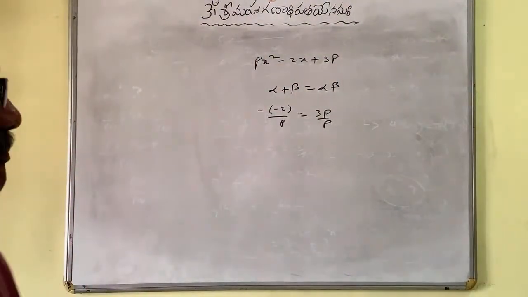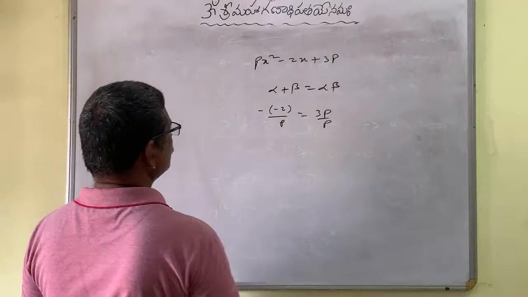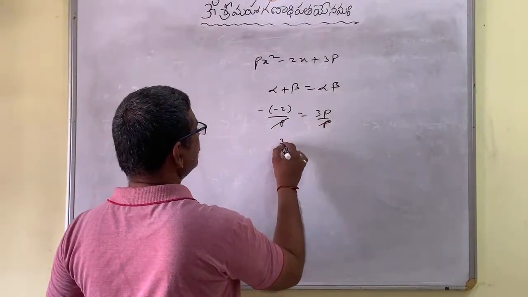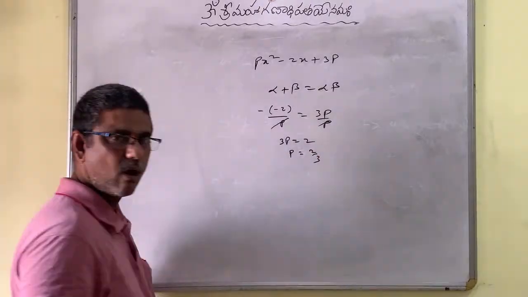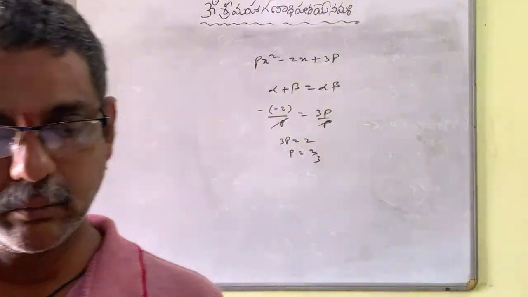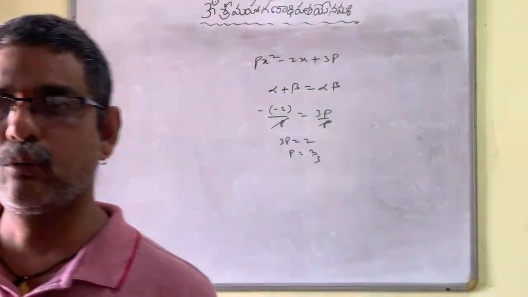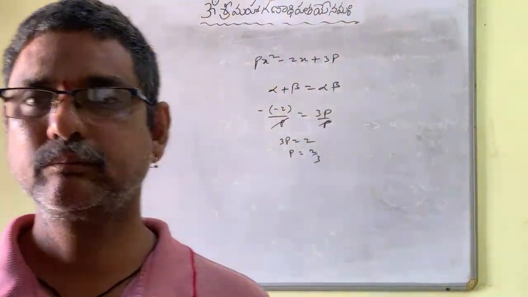So p, p get cancelled. 3p is 2, p is 2 by 3. P value is 2 by 3.